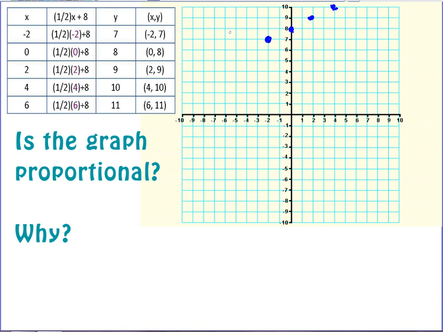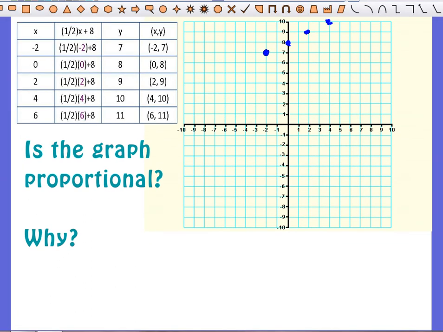So I'm just going to use those points to create my line. I have to keep in mind that this line is going to go in both directions. And again, this is easier when you use a ruler so that you can just make your line going across the page.